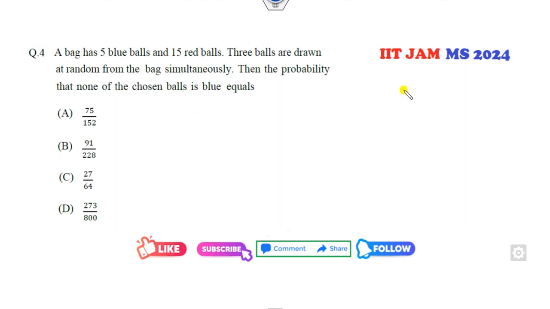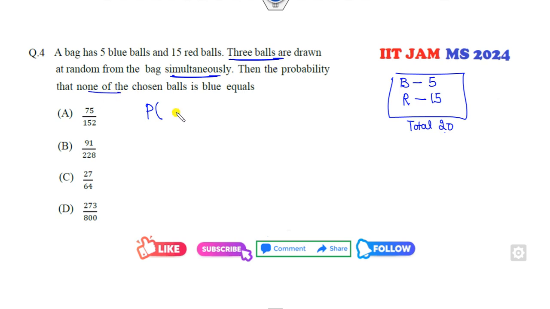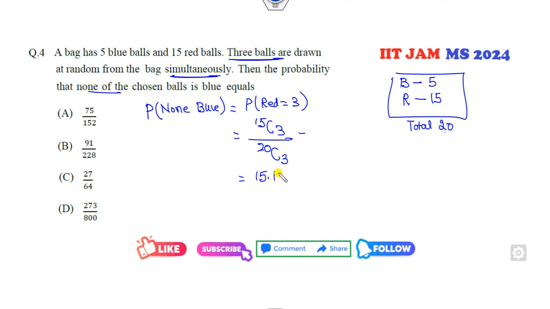Look at this another one. A bag consists of 5 blue balls and 15 red balls. Total is 20. Three balls you can pick from these 20 simultaneously. The probability that none of them is blue. What is the meaning of that? It means all are red balls. So how can you find the probability of the red balls? 15C3 over 20C3. 15C3 means 15, 14, 13, divided by 20C3, which means 20, 19, 18.